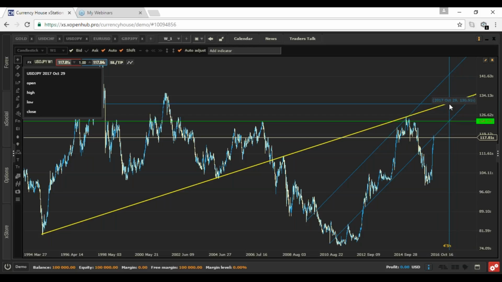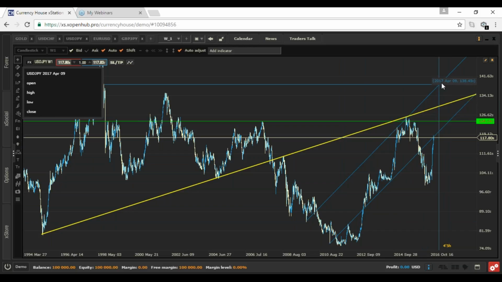So the nearest target is about 124 Japanese yen per 1 US dollar, and I'm sure that the price will reach it very, very soon. And so as you can see from this chart, there is much more room to go, because once the price gets into this blue channel, all of the traders will try to test the upper range of this blue channel.